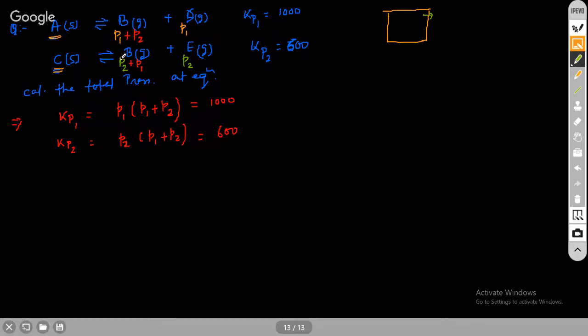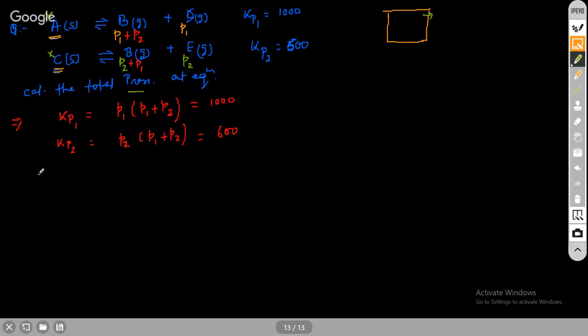Correct? So now we have two reactions, two equations we have. What is the question? Calculate total pressure at equilibrium. So at equilibrium, what all things we have? Since total pressure we have to find out, this solid thing we don't consider. And at equilibrium, we have B, D, and E. A and C will not be considered since these are solids.